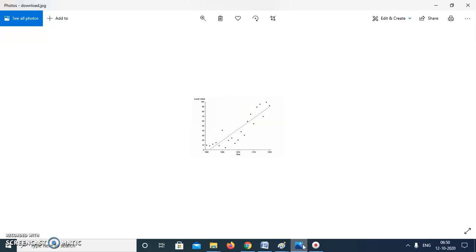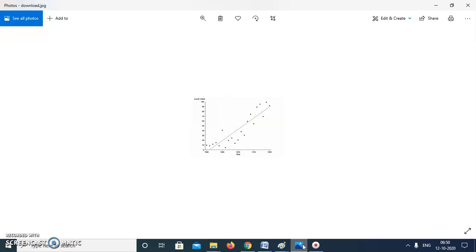Now what is regression? Regression is when we need to predict the value of y for any future value of x. Suppose we have got some values of x and y coordinates, but what will be the value of y for a given value of x in future?